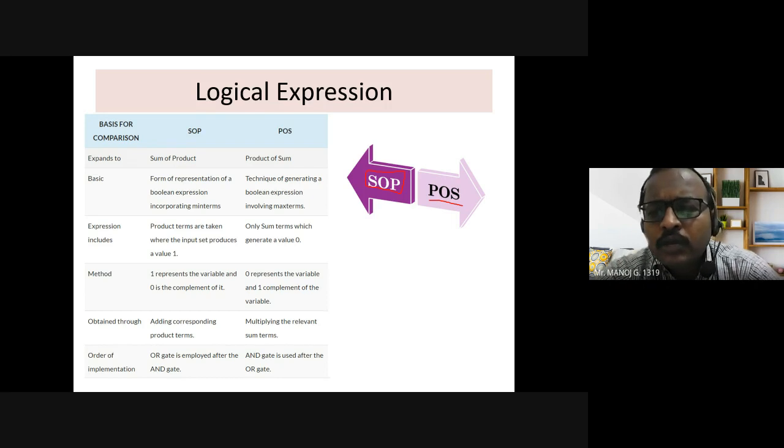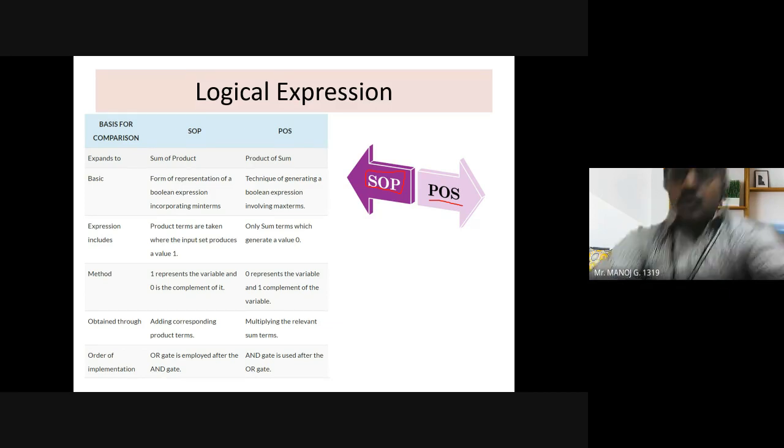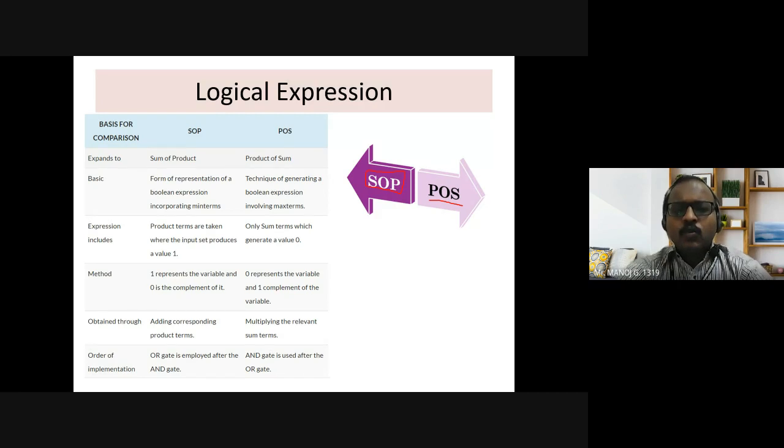Now, can you tell me what is required for constructing a logical expression? You use logic gates, right? What are the two major gates which are used for constructing a logical expression?